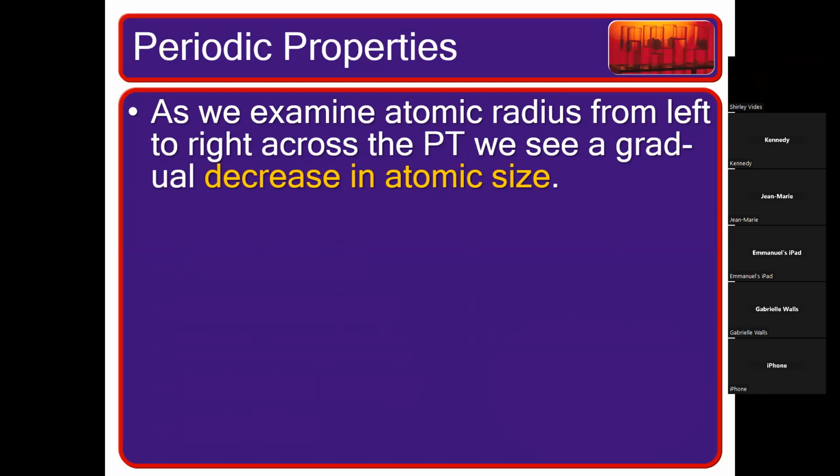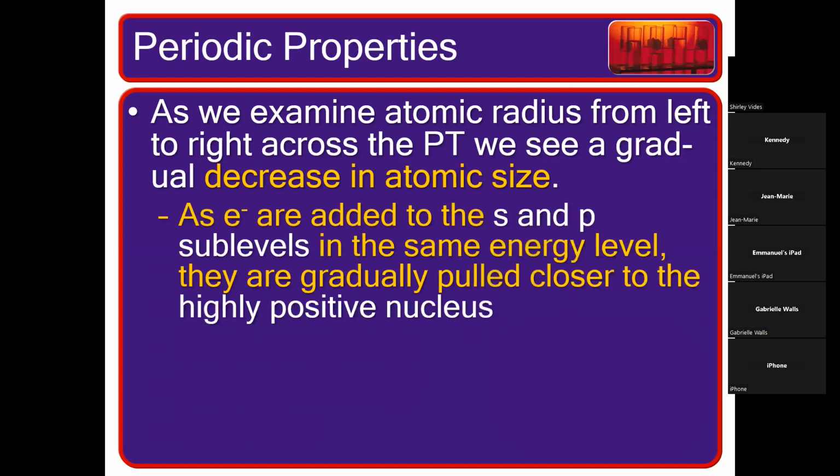And you would be correct. That is true. But the more electrons you have, the more protons you have, the more attraction you have towards the nucleus. So it shrinks a little bit because of that. So this is what this is about.